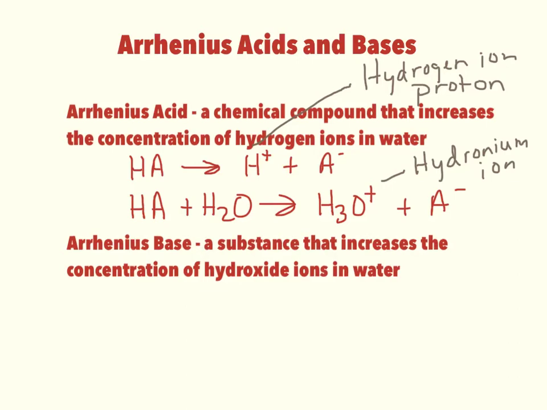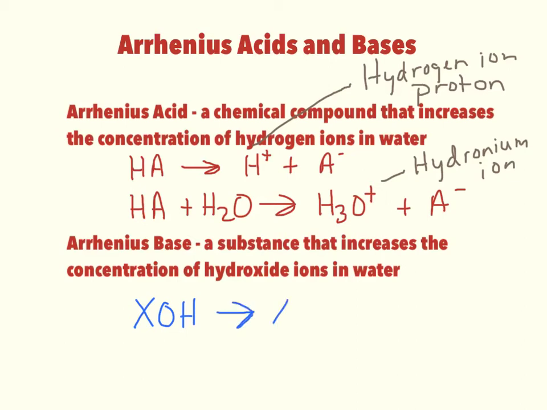So that is what an acid is going to do according to Arrhenius. It's going to increase the amount of hydrogen ions or hydronium ions that are in the water. Now, an Arrhenius base is a substance that increases the concentration of hydroxide ions in water. And so we can draw this out right here, and we're going to draw X. X just means any metal that we have along with a hydroxide ion, XOH, and we put that in water.